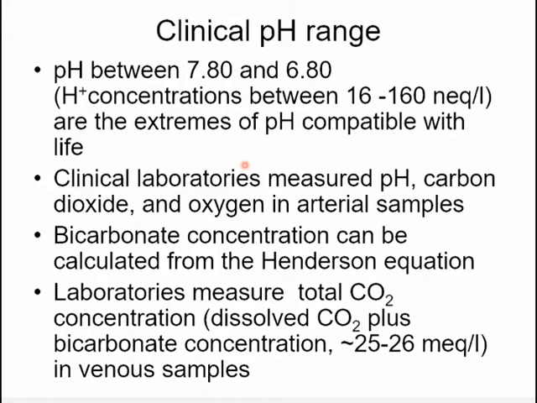Also, if you remember the Henderson-Hasselbalch equation, you can use that equation to calculate bicarbonate concentration through the ratio between bases and acids in the blood. Also, the laboratory measures total carbon dioxide concentration, your dissolved carbon dioxide plus bicarbonate concentration. And usually this is about 25 to 26 mEq per liter in venous samples of blood.